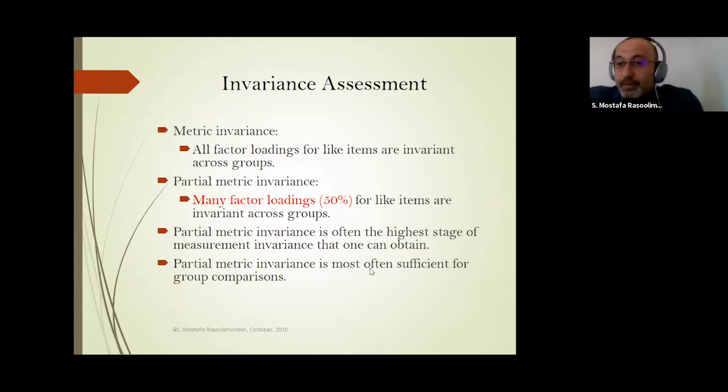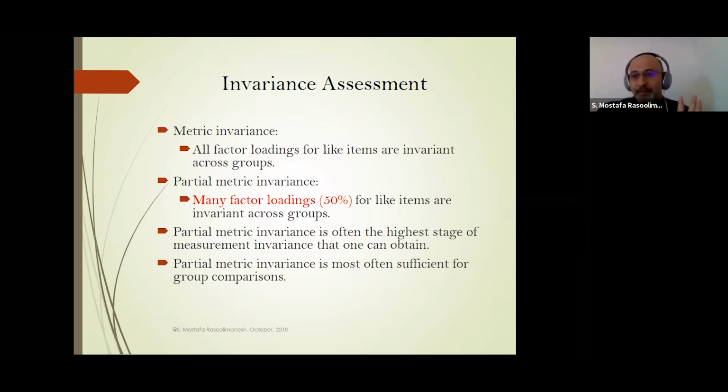But before comparing path coefficients using MGA, we have to check invariance, measurement invariance. What does measurement invariance mean? It means our measurement model for group 1 and group 2 should be invariant, should not be different.